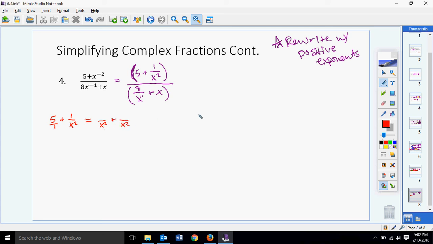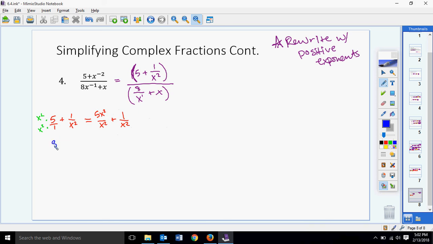So how do I rewrite these with x squared in the denominator? Well, 1 over x squared already has it, so I don't need to change it, but I do need to rewrite 5 over 1. I'm going to need to multiply the 1 by x squared, so that means I need to multiply the 5 times x squared. 5 times x squared would be 5x squared. This is my numerator.